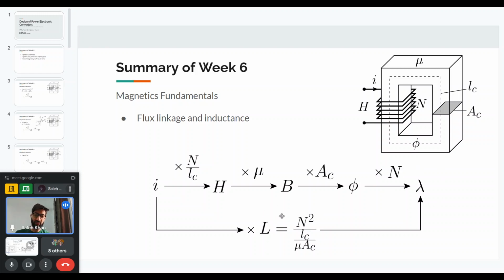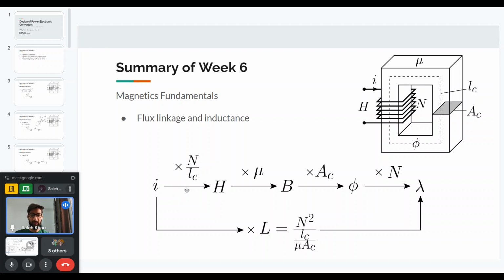And as you see, this inductance value depends on the geometry, which is the Lc and Ac of the core, and the material, which is the mu factor, and then how many turns you have wound.